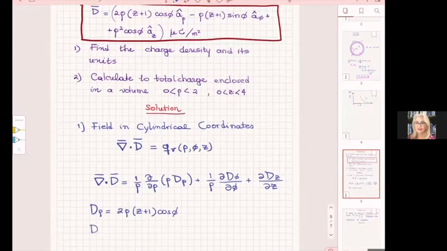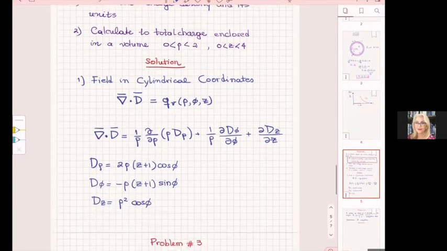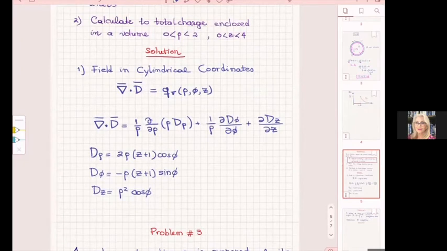D sub phi equals minus rho (z plus 1) sine phi. And D sub z equals rho squared cosine phi. That's what we have.